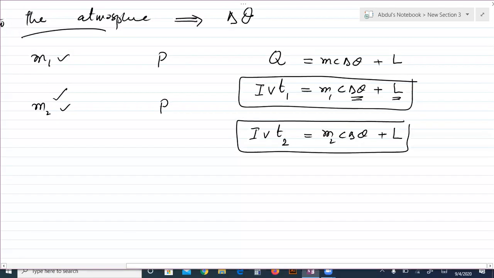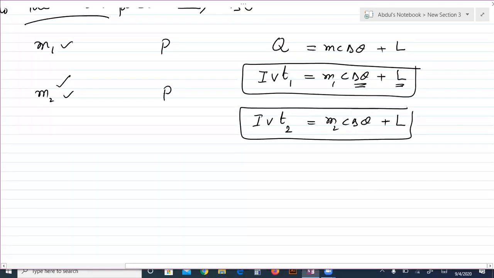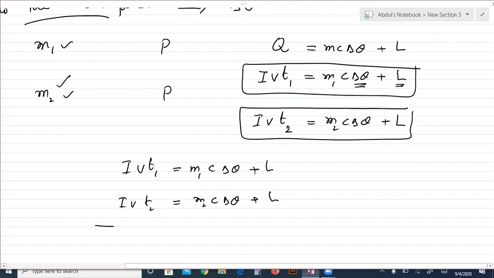Now, two equations for the same material mean the same specific heat capacity. We are keeping the change of temperature constant, only changing the mass of the material. So, I V T1 equals M1 c delta theta plus L, and next I V T2 is equal to M2 c delta theta plus L. Now subtract the second equation from the first.